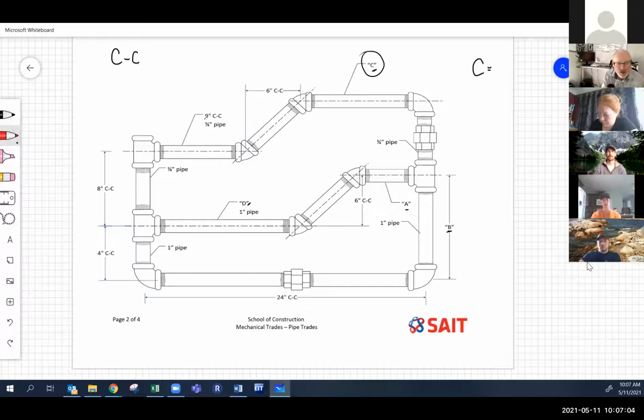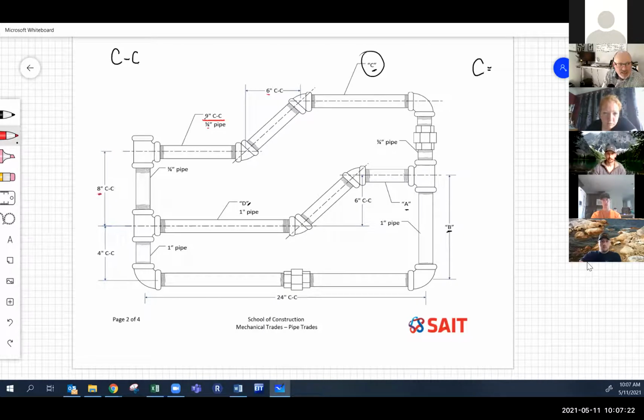Now, I want to highlight some of these measurements right now. This is 9 inches, and this is 3/4 inch pipe. So that is the size of the pipe you will use. This is 6 inches.